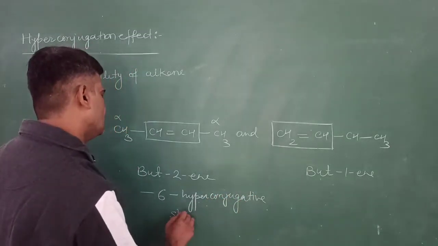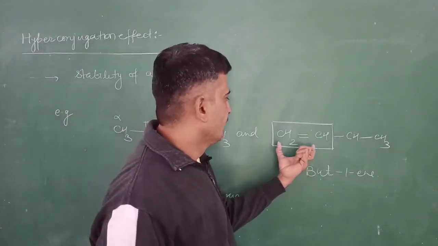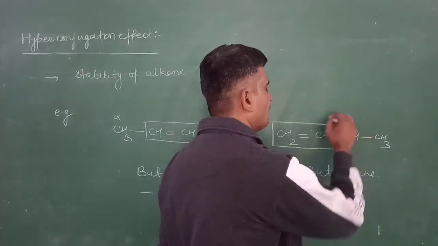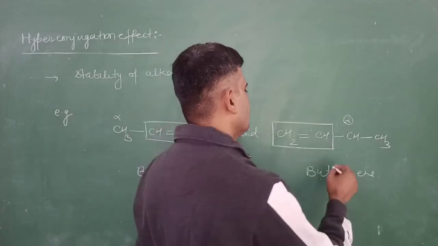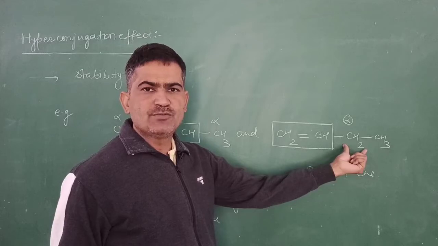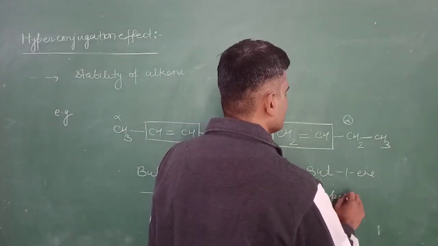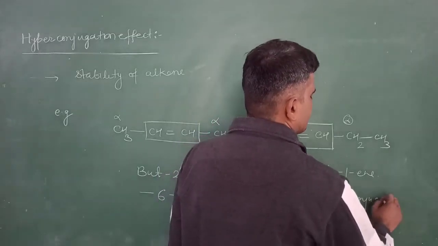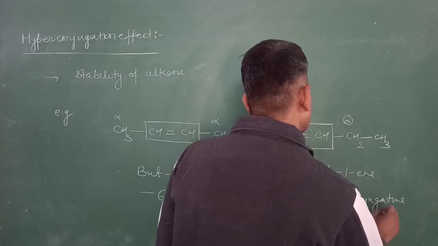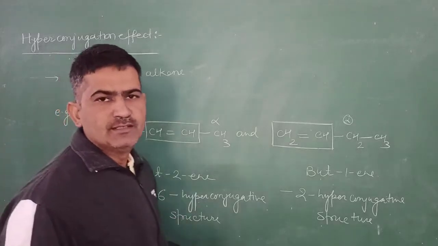Hyperconjugative structures in but-2-ene. But in case of but-1-ene, this is the carbon-carbon double bond, and this carbon is known as the alpha carbon. At this place we can have only 2 alpha hydrogens. It means we can form only 2 hyperconjugative structures. The more hyperconjugative structures, the more the stability.